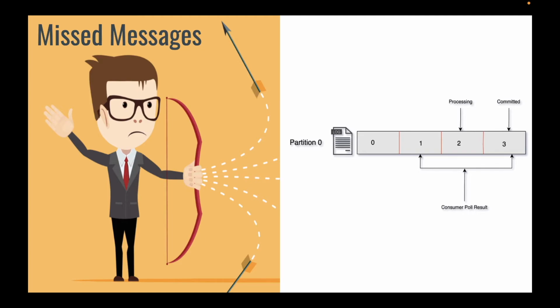When that consumer checks which offset is committed, it will get number 3, and it will start processing from 4, 5, 6. In this case, we missed offset 2 and offset 3 because the previous consumer hadn't finished processing these messages. So in this kind of scenario, we can miss messages.